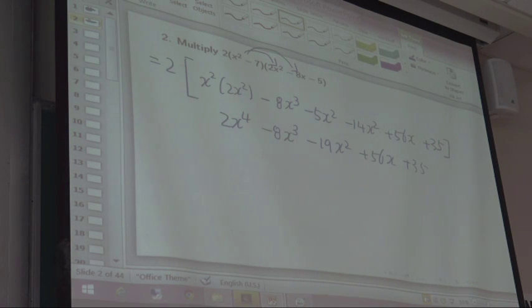Now let's distribute the 2, because 2 is outside. So we have 4x to the 4 minus 16x cubed minus 38x squared plus 112x plus 70. Pretty long. Anyway, that's multiply and simplify.